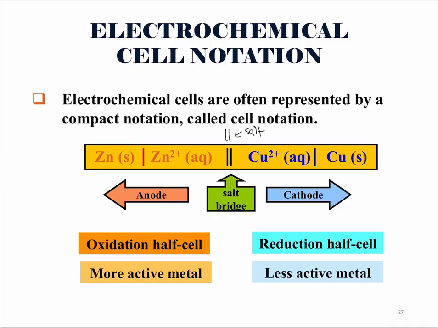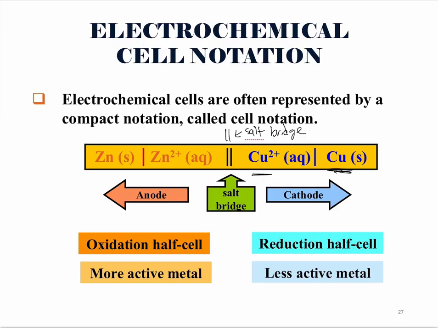And the cathode is on the right side. The cathode is where the reduction half reaction happens. And you're just writing the species that is being reduced in this case, right? Copper is in the aqueous state originally. It's getting deposited on the cathode, where it picks up 2 electrons and becomes solid metal copper.